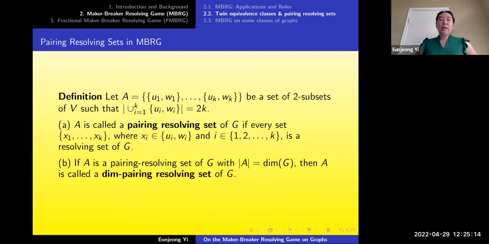The next one is a result leading us to see when the MBRG outcome is that the resolver wins.